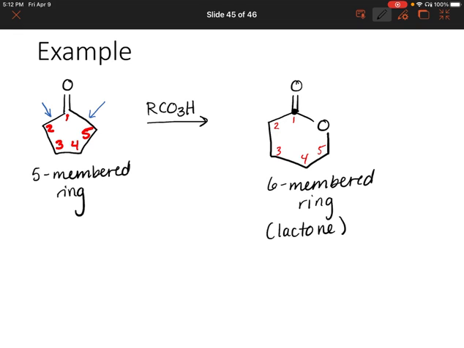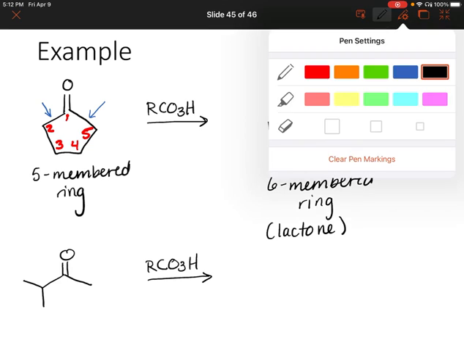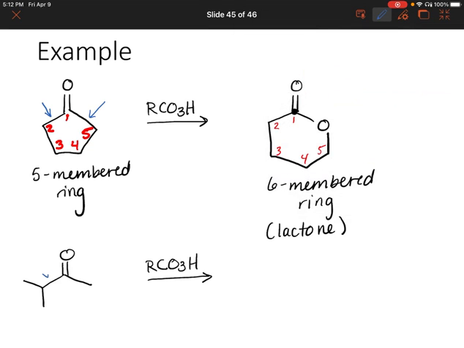Let's also look at another example. What if we have an asymmetrical ketone like this one, and we add peroxy acid? We have to decide, is the oxygen going to add to the left or to the right? This is where we need our migratory aptitude list.